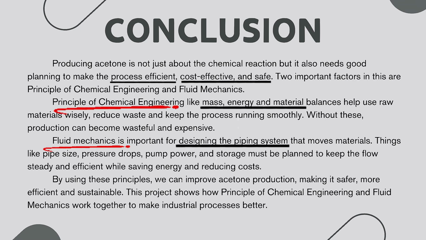Things like pipe size, pressure drops, pump power, and storage must be planned to keep the flow steady and efficient while saving energy and production costs. By using these principles, we can improve acetone production, making it safer, more efficient, and sustainable. This project shows how principles of chemical engineering and fluid mechanics work together to make industrial processes better.